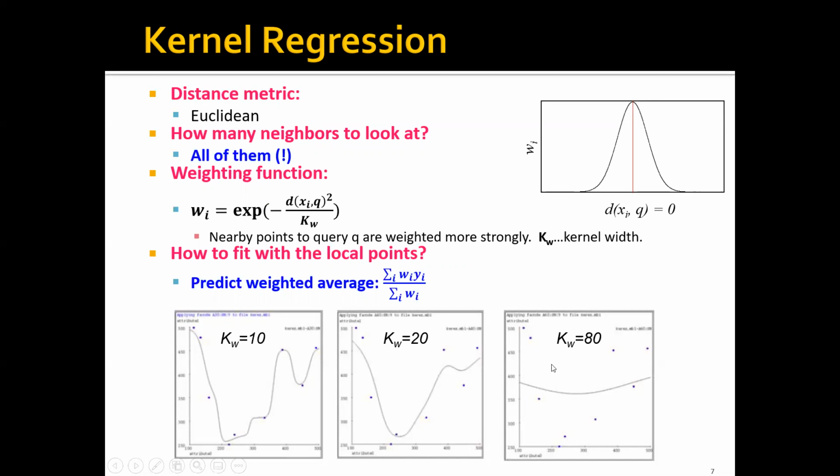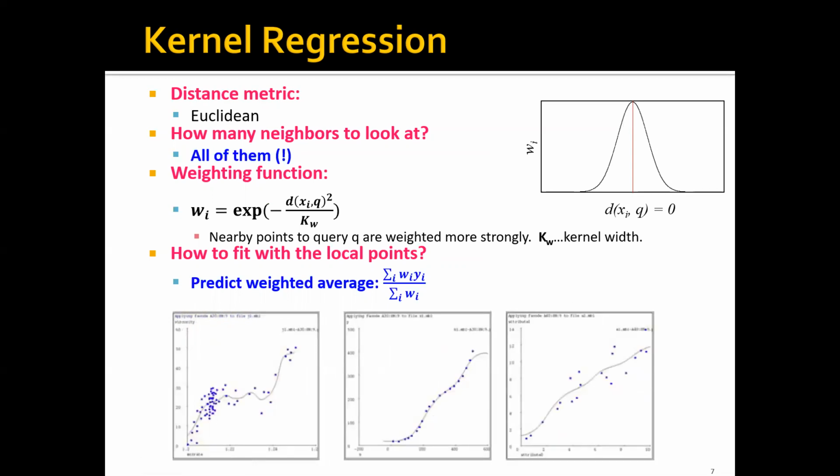If we use an even larger one, we can see that it gets very, very small. So basically, the larger the kernel width is, the smoother the model will be. But when the kernel width gets too large, the model will essentially underfit. And if the kernel width is too small, the model is going to overfit the data set.